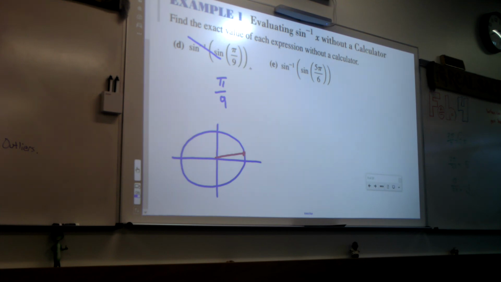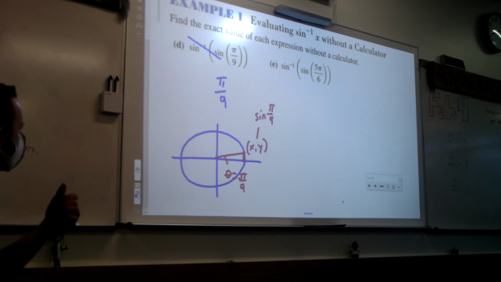Now, when I take the sine of pi ninths, what am I going to look at? I'm going to say, what is the height there? So if this angle right here is pi ninths, oh, that made a weird squiggle. Then when we take the sine of it, we say, hey, what is the height right there? So this y value is going to be the sine of pi ninths.